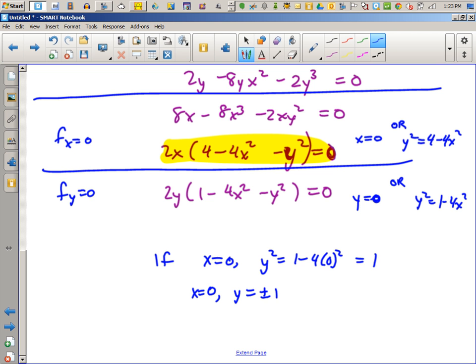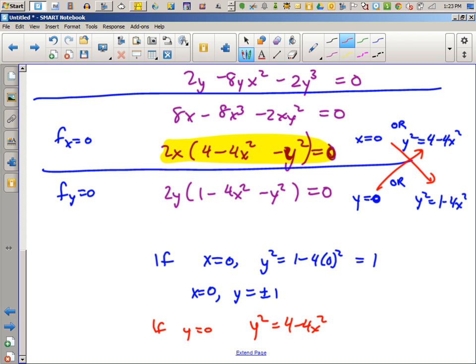Right? Or conversely, I just basically followed this red arrow. I could take the y equals 0 and plug it into the y squared equals 4 minus 4x squared. I could do that. So I'll show my work in red for that one. If y equals 0, then 0 squared equals 4 minus 4x squared.